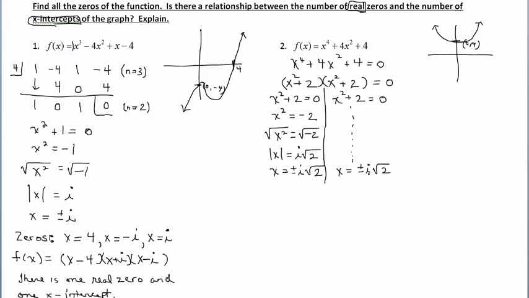Notice that my imaginary zeros seem to be occurring in pairs, positive and negative. In the next video, we're going to see that those are called conjugate pairs. Alright, so let's state our zeros.